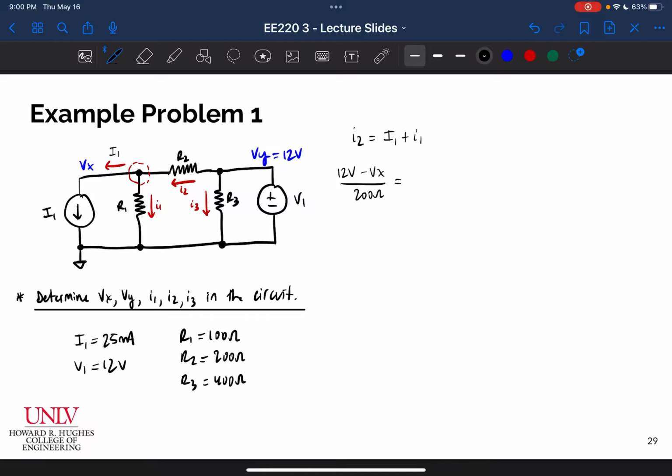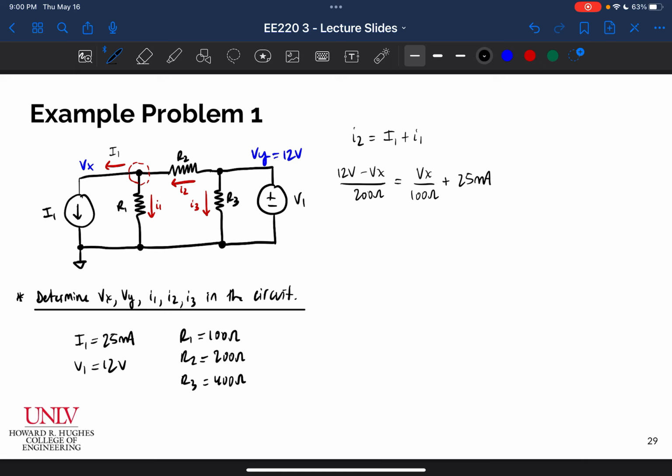That's going to be equal to I1, which is Vx over 100 ohms, plus my current through my current source, which is 25 milliamps. Right? And so right here, I only have one unknown, so I can just go ahead and do the algebra now that I set up my equation here using nodal analysis. And I can solve for Vx, and once I get Vx, finding I1, I2, and I3 are all trivial. So let's go ahead and do that.